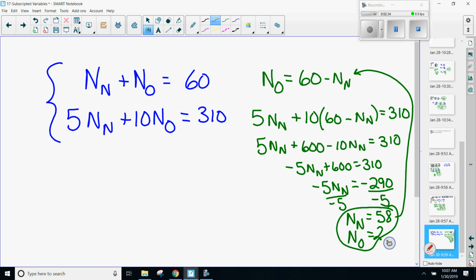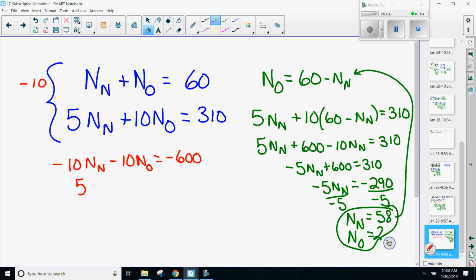You could eliminate them. To eliminate them, what are you going to do? You could divide the bottom one by 5. You could multiply the top one by negative 5. What's an easy number to always multiply by? 10. So I could multiply by negative 10, which gives you negative 10 N sub N minus 10 N sub O equals negative 600.